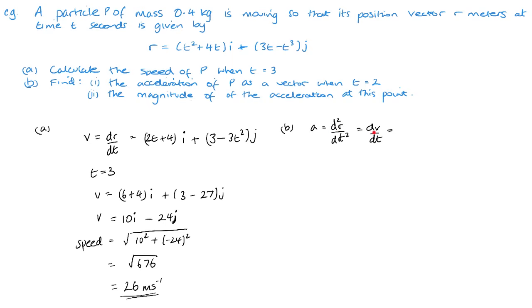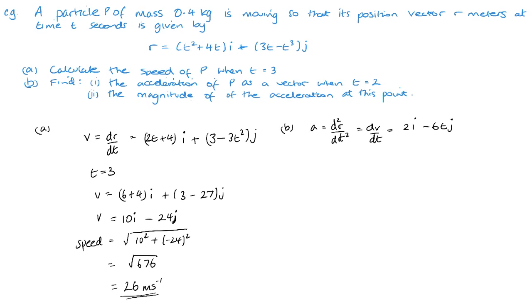To get the velocity I've already differentiated r once, and differentiating the velocity I get the acceleration. So 2t plus 4 becomes 2i, and the 3 minus 3t squared becomes minus 6tj.